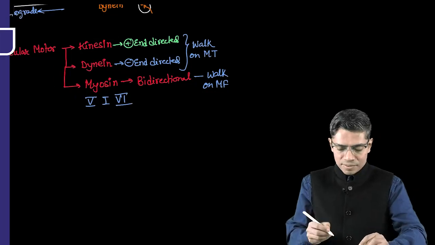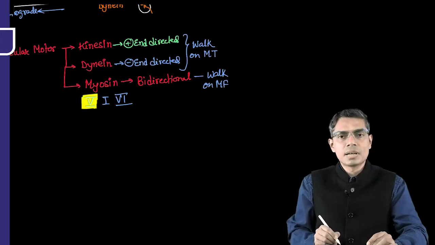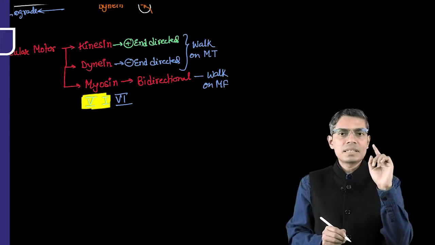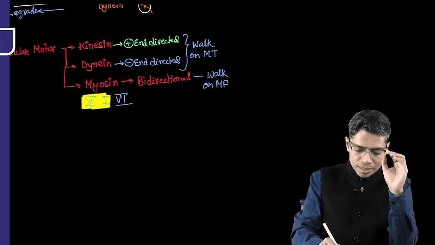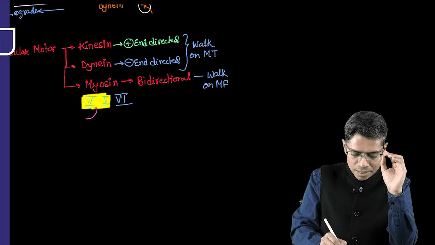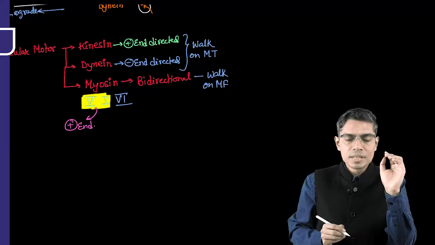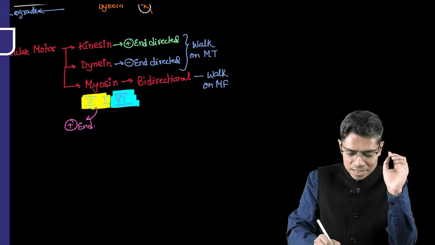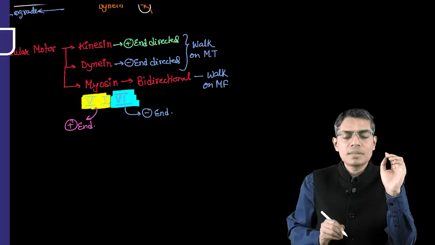Why am I writing 5 first? Because that is the most important myosin which is acting as a molecular motor, and second most important is type 1. Myosin type 5 and myosin type 1 are generally positive end directed molecular motors, and myosin type 6 is basically a negative end directed myosin molecular motor.